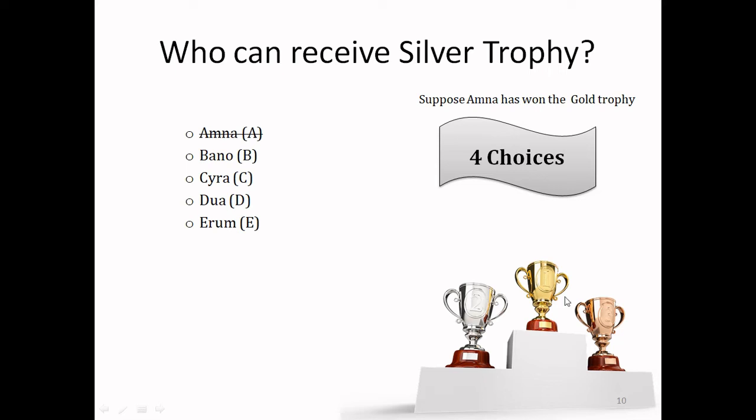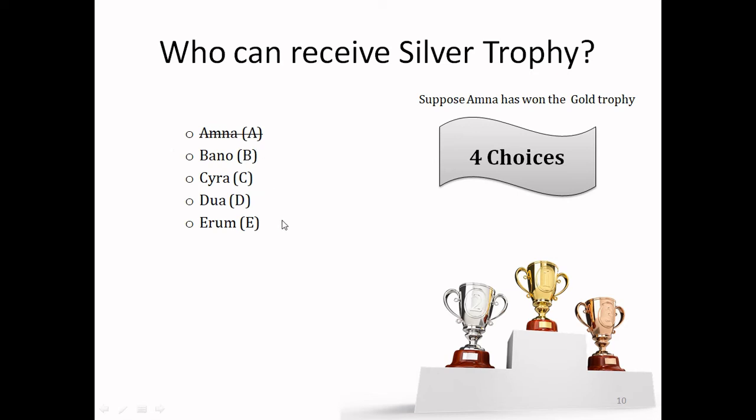Now, suppose that one person has received the gold trophy. How many choices are left for us to decide who will win the silver trophy? Here I have just supposed that Amna has won the gold trophy, and due to this, one option is cancelled, and we are left with 4 choices.